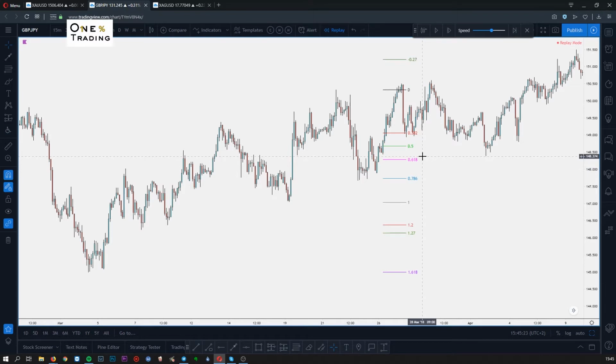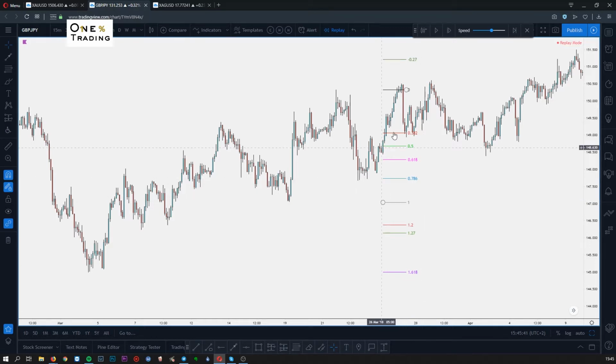How is it confluence if you have 0.382, 0.5, 0.618, 0.786, and don't forget, we could also have a 100% retrace.